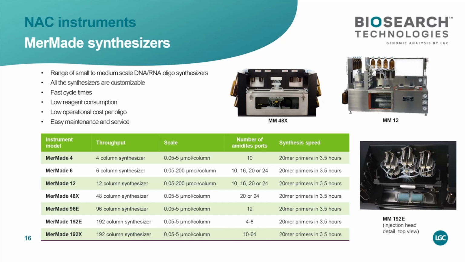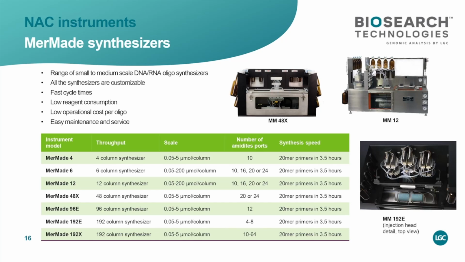Other machines that we offer are for different applications. Our Mermaid 6 and Mermaid 12 synthesizers can go up to 200 micromole per column, which makes them a really good model for synthesis for PD studies. It's a mid-scale synthesizer, but it can also do small scale as well. It's a very diverse, very adaptable instrument.